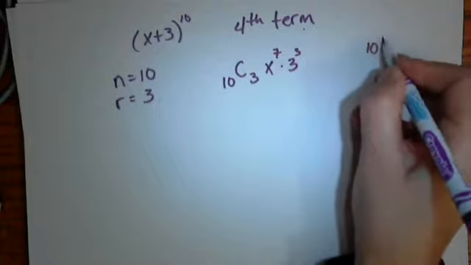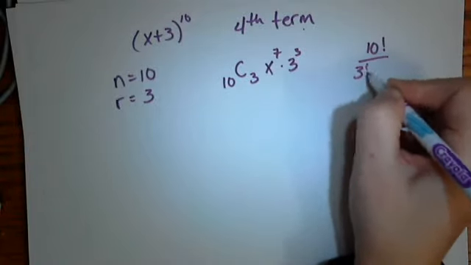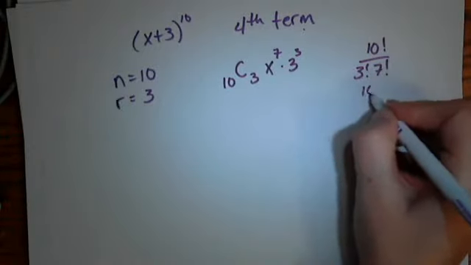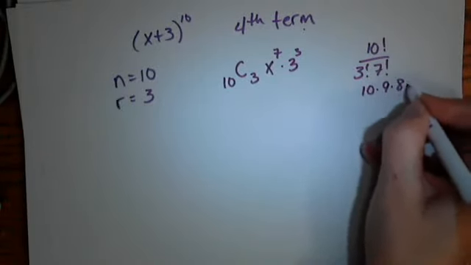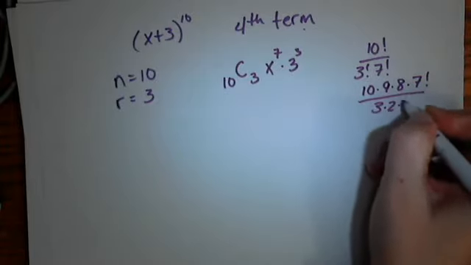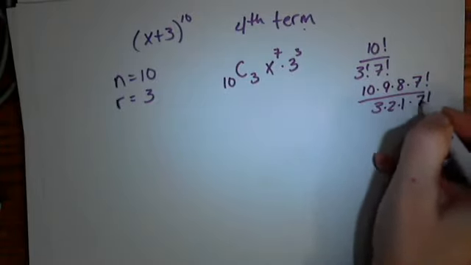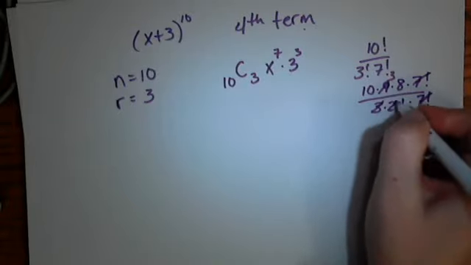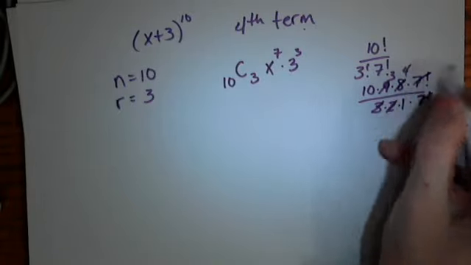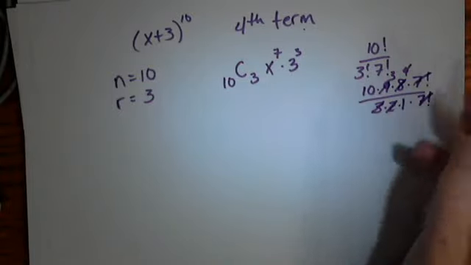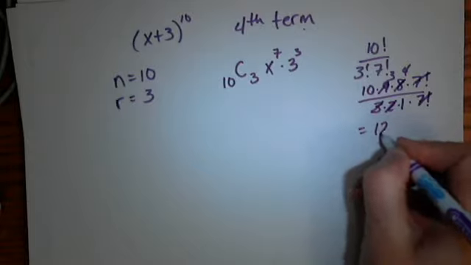Well, that's going to be 10 factorial over 3 factorial, 7 factorial. That's 10 times 9 times 8 times 7 factorial over 3 times 2 times 1 times 7 factorial. Those cancel. 3 leaves a 3, 2 leaves a 4. So we have 3 times 4, which is 12, times 10. This is going to be 120.